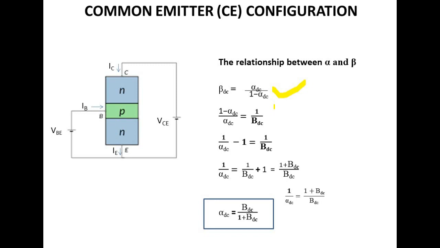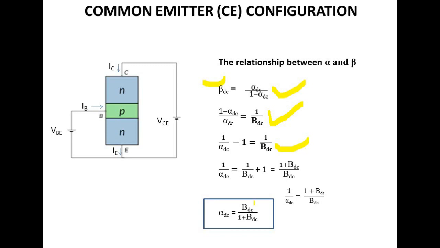Now we will derive alpha DC in terms of beta DC. So we know that beta DC is equal to alpha DC upon 1 minus alpha DC, that is 1 minus alpha DC upon alpha DC is equal to 1 by beta DC. So we get 1 by alpha DC minus 1 is equal to 1 by beta DC.